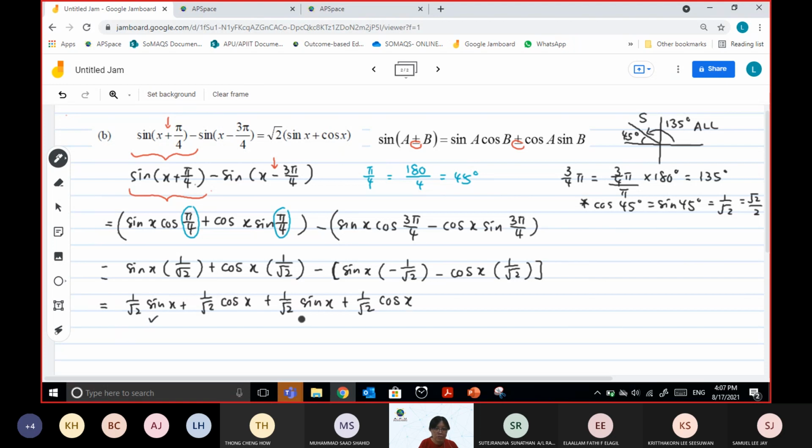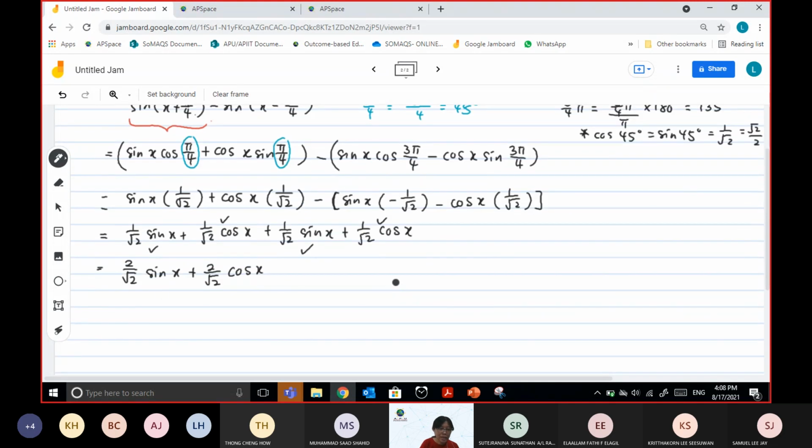Okay, so for this one, 1 over square root of 2 plus 1 over square root of 2 sine x will give you 2 over square root of 2 sine x. Then for 1 over square root of 2 cos x, it will be 2 over square root of 2 cos x. Okay, so what is required? Square root of 2 sine x cos x.